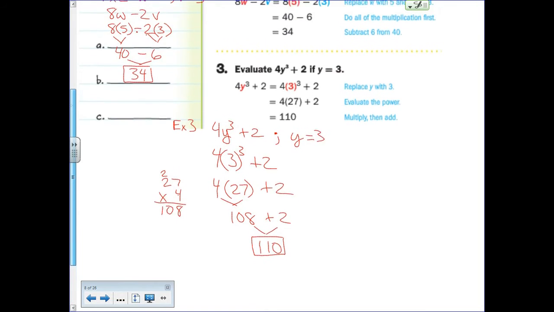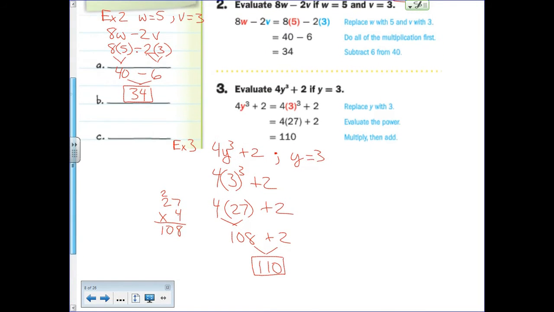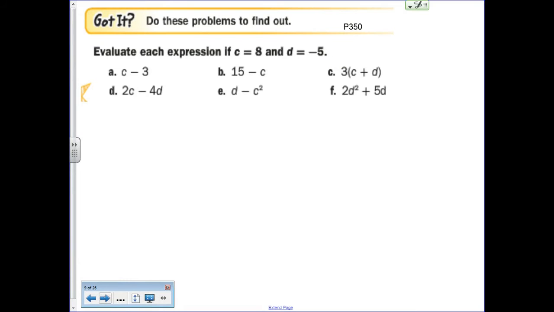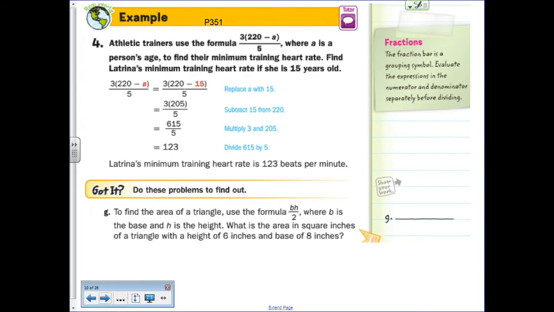Let's go ahead and go over and take a look at example number 4. These letter problems you will do after the video. Example number 4 says athletic trainers use formulas like 3 times 220 minus A divided by 5, where A is a person's age, to find their minimum training heart rate. Find Latrina's minimum training heart rate if she is 15 years old.